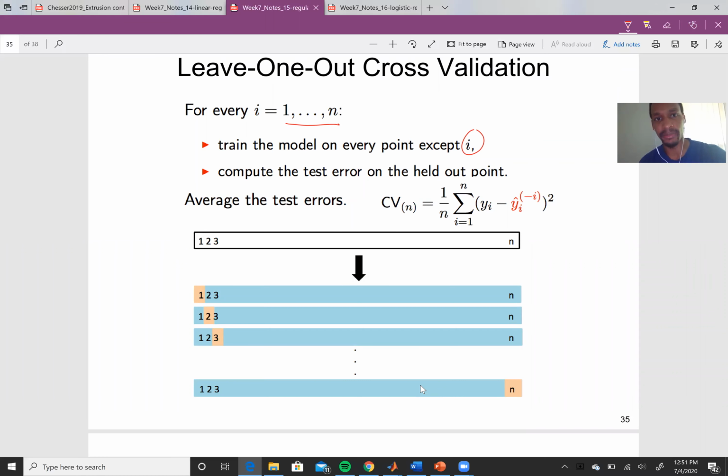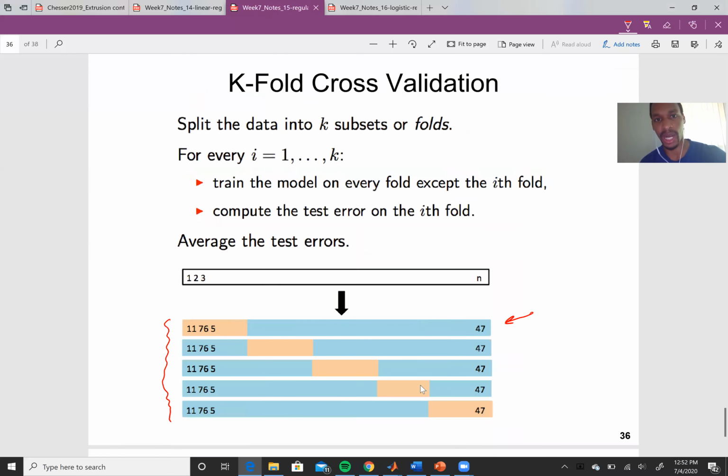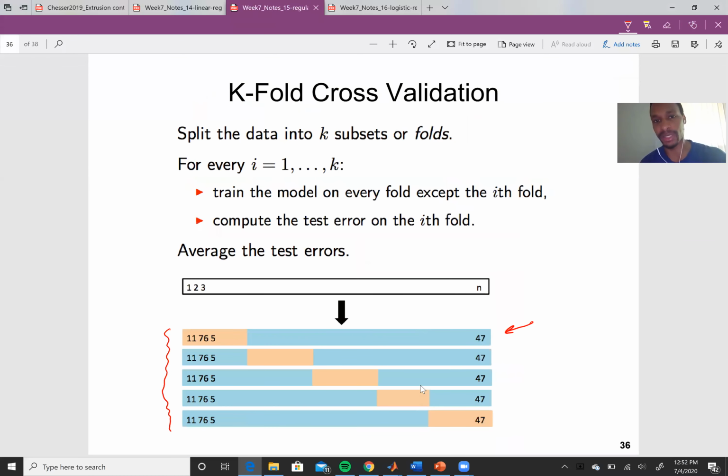Versus what I think is more common, where you split the data into subsets or folds. Each one of these K subsets is going to be a test set for one iteration that you run. So instead of training the model on everything but one data point, you train the model on every fold except one of the subsets.